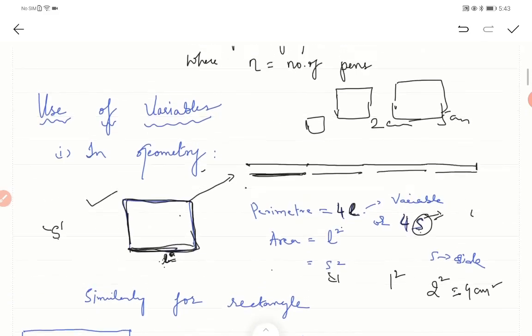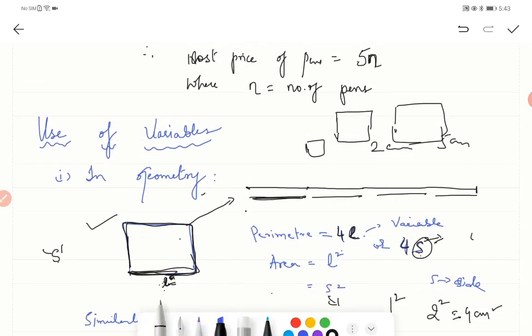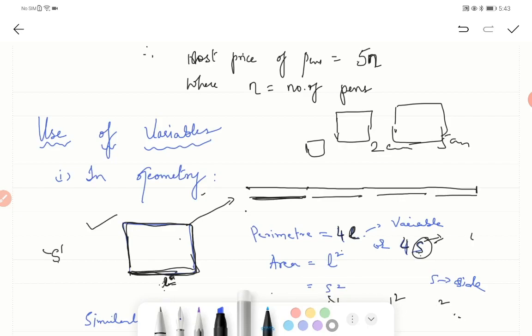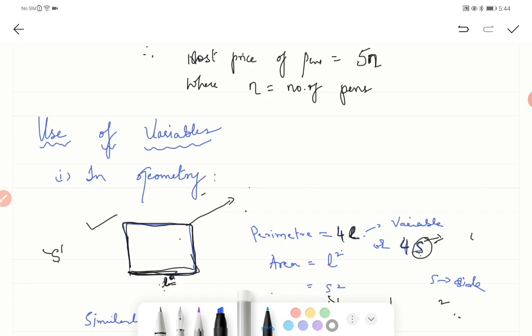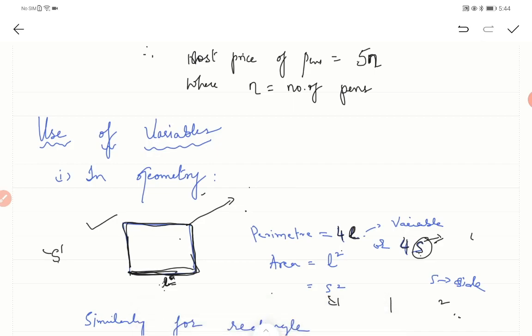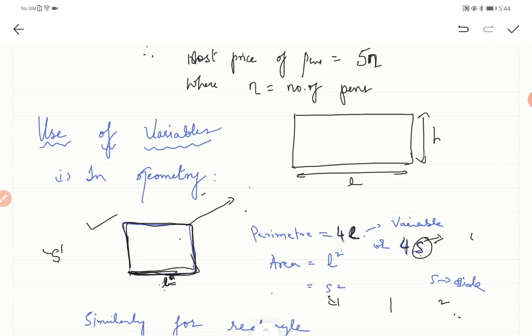Similarly, if you go for a rectangle, what is your formula? What will be the perimeter of a rectangle? If I have a rectangle, this is length L and this is breadth B. These can be anything, that's why in general we give them as length and breadth.